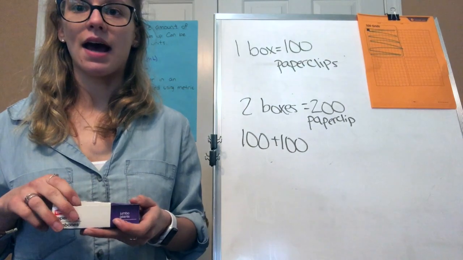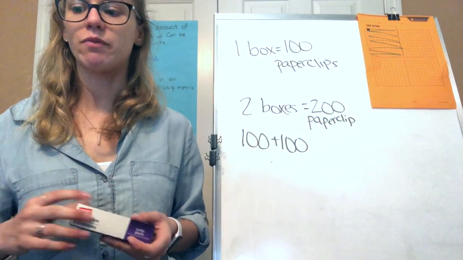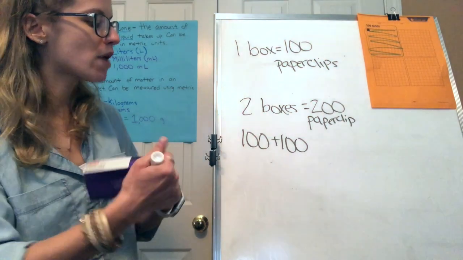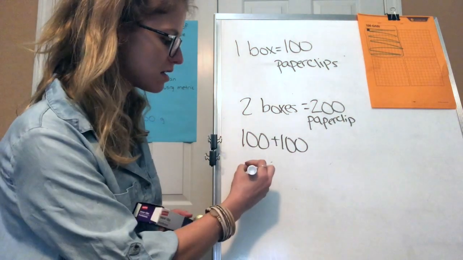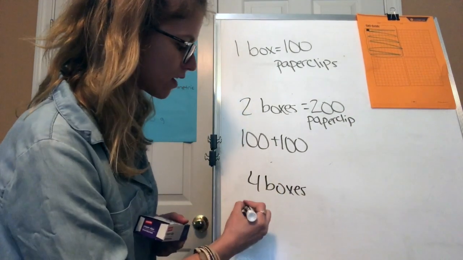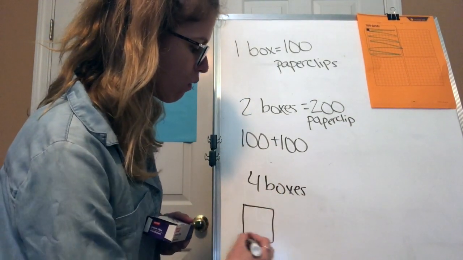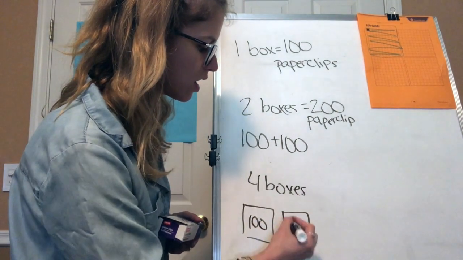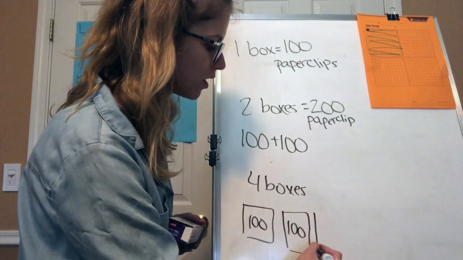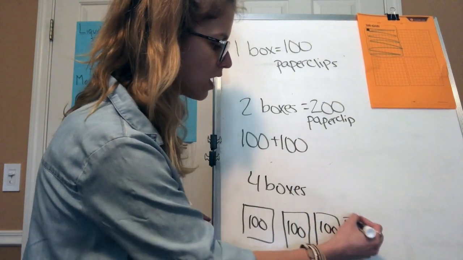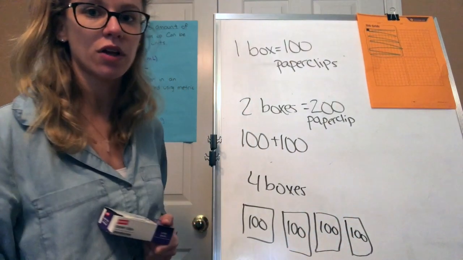Let's say I had 4 boxes of paper clips. If I had 4 boxes of paper clips, a way that I could think of this is having one 100 box, another 100 box of paper clips, another box of 100 paper clips, and another box of 100 paper clips.